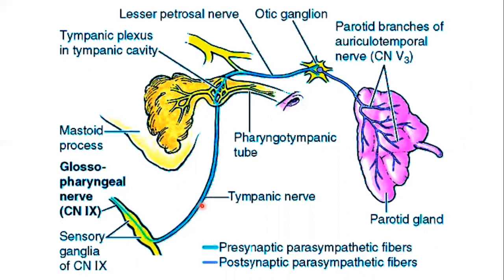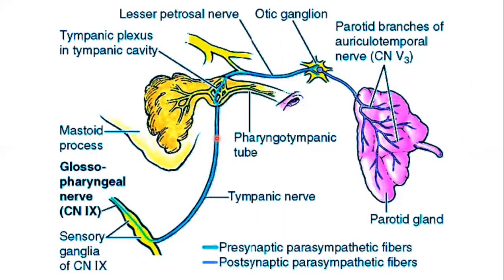And you can see these are the presynaptic parasympathetic fibers, and from this inferior salivatory nucleus, these presynaptic parasympathetic fibers travel via the tympanic nerve. This is the root, focus on that. Inferior salivatory nucleus, and this is the tympanic nerve.